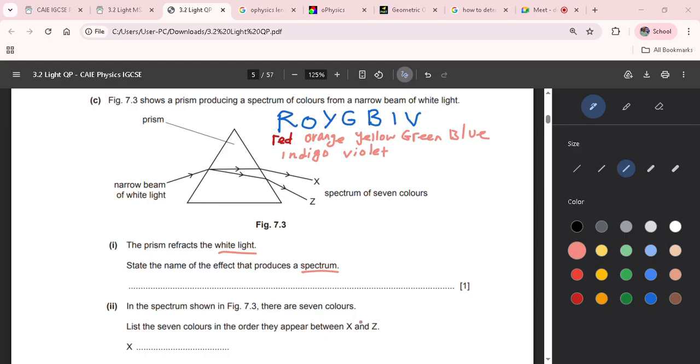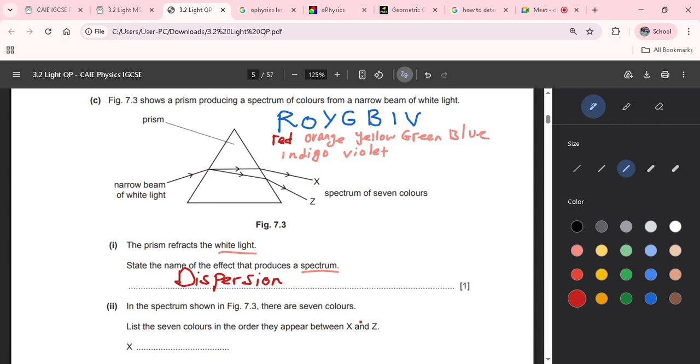We call it dispersion. So dispersion is the producing of a spectrum.